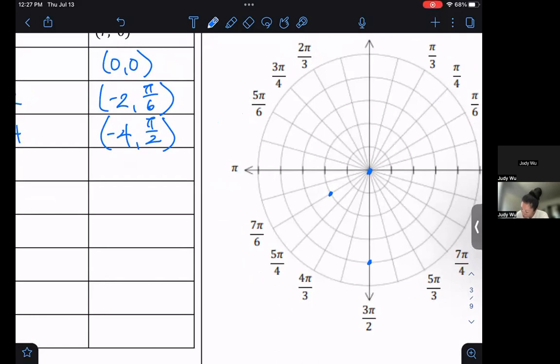So I know there's going to be a point right here. Okay. And now, even though this looks kind of like a diamond-y situation, right? Because it's of the form a sine theta, I know that it's actually going to be a circle. Okay, so let's use our technology to help us out here.